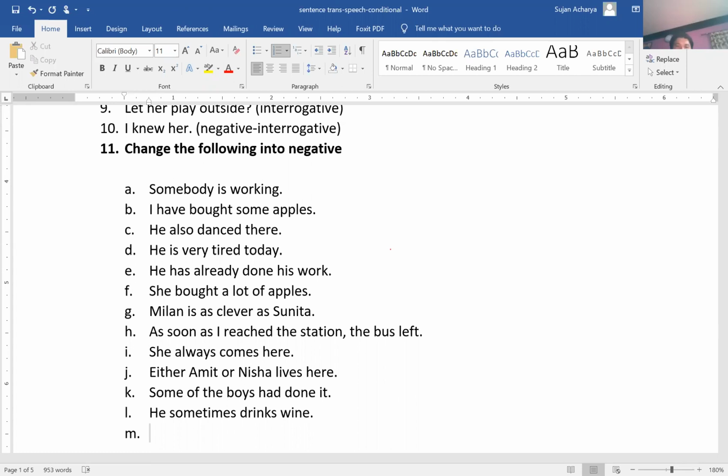I don't know whether I'm able to recall all the sentences or not. Let's do these sentences.